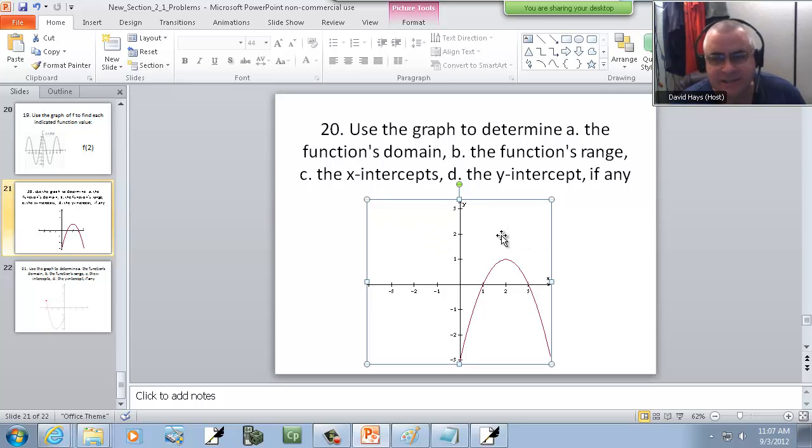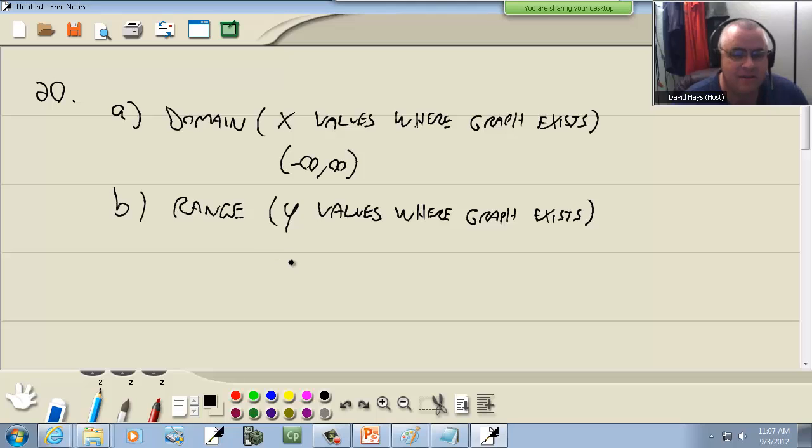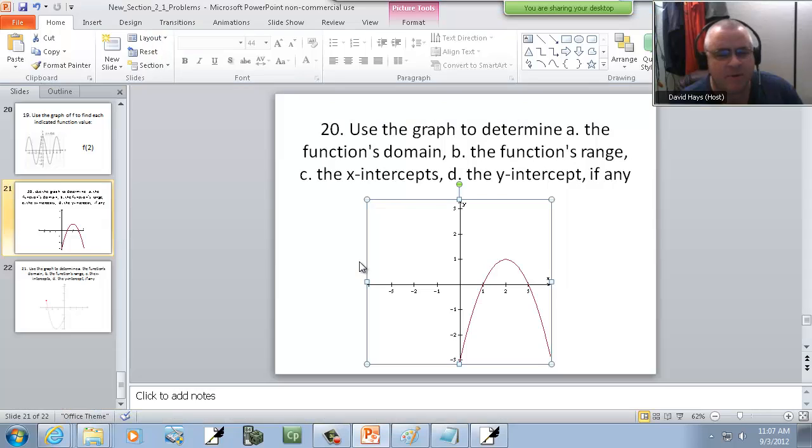My graph doesn't exist up at 2. The highest y value where it exists is 1. And then it goes down forever, so it's going to -infinity. So this will go from -infinity to 1. Parentheses on -infinity, bracket on the 1. Now, infinities always have parentheses on them. We'll talk more about the bracket in the next problem, but basically, if you don't have an open circle anywhere, there's going to be a bracket.